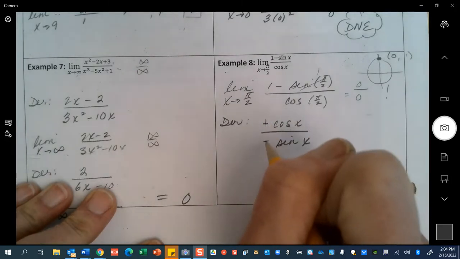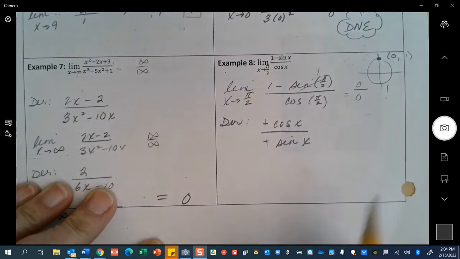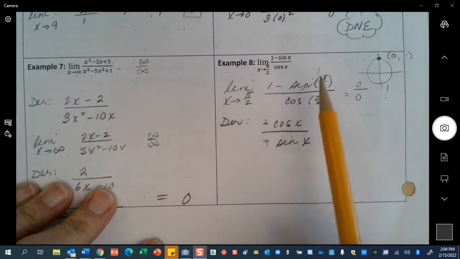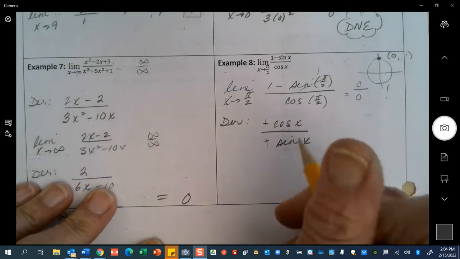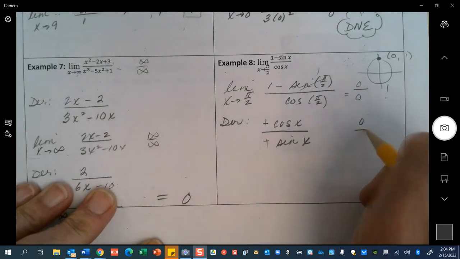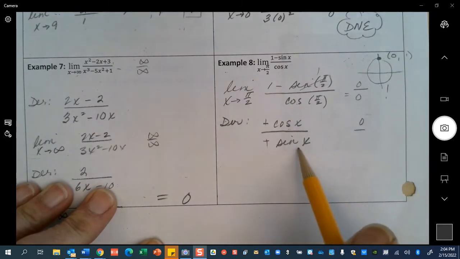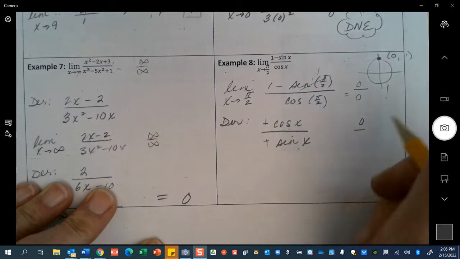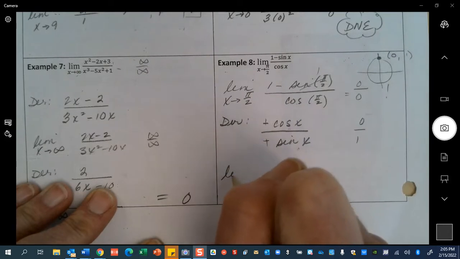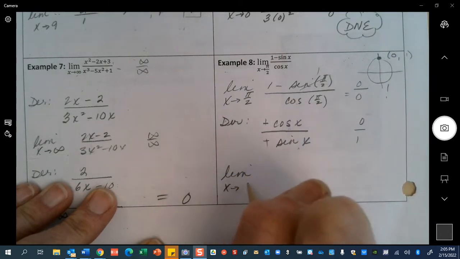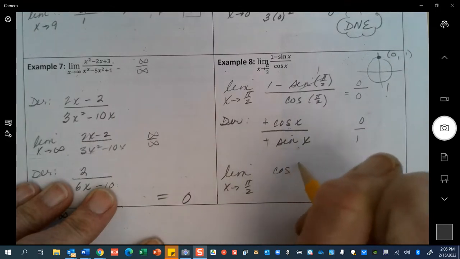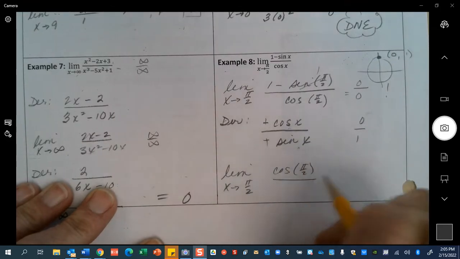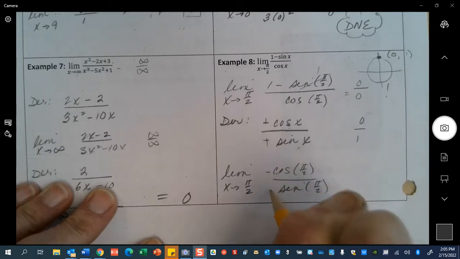So those opposites cancel out. And I wind up with the limit as x approaches pi over 2 of the cosine of pi over 2 over the sine of pi over 2. Well, I guess I should write it down. These are both negative.